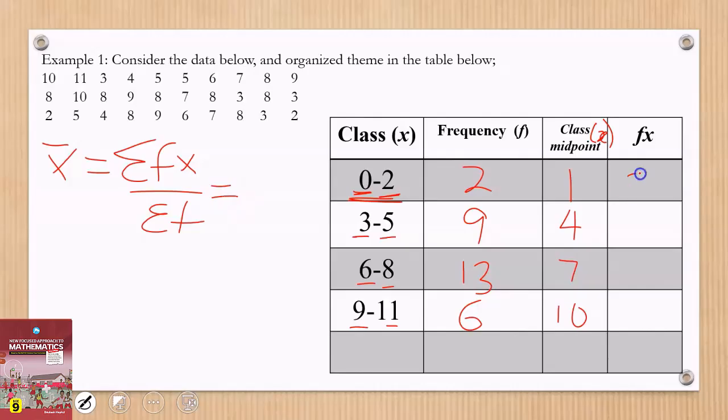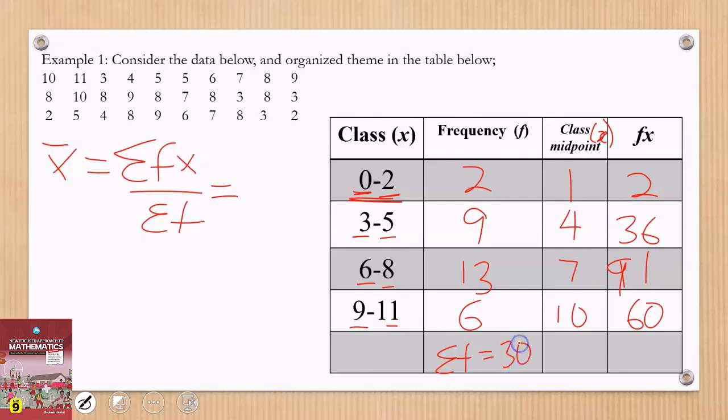And so I'll multiply here to get 36. 7 times 13 will be 91, right? And then 60. So now my sum of frequency will be equal to 6 plus 13 is 19, plus that is 28, then 30.